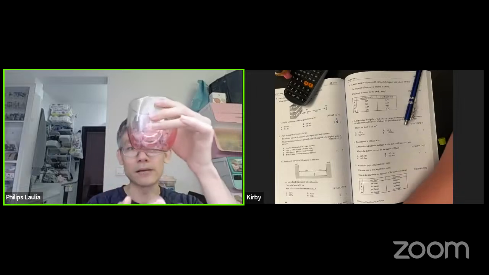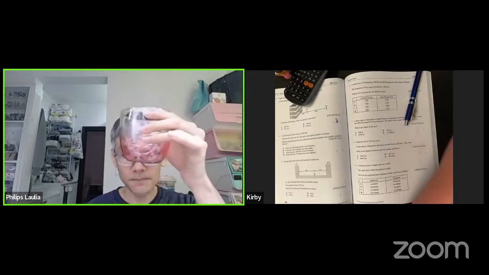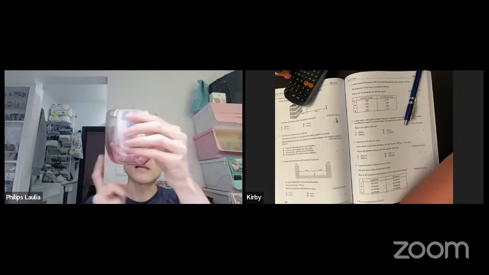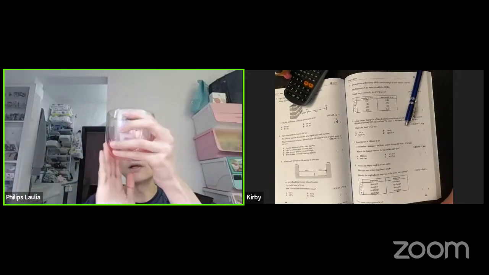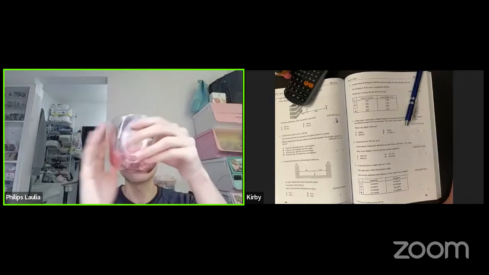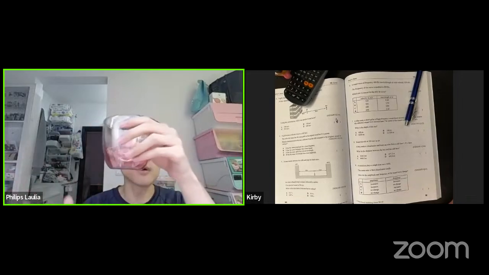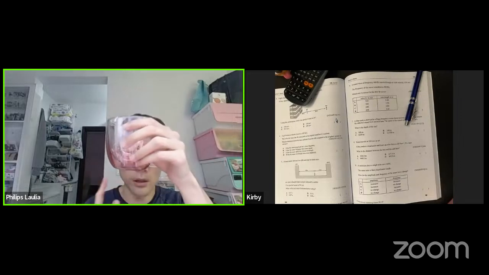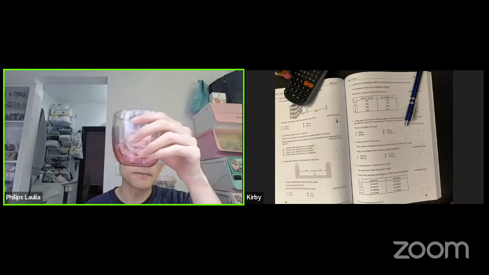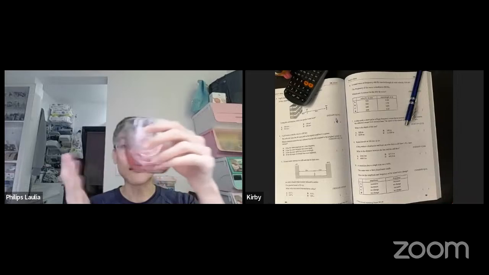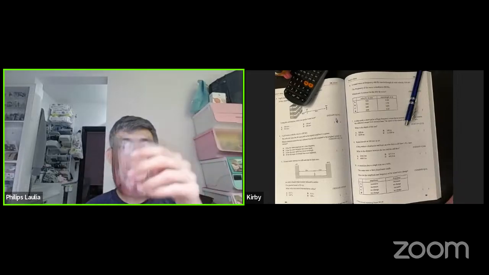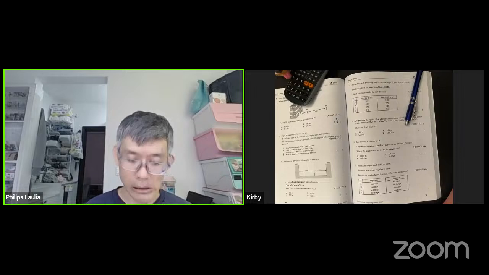If inside is water, the hot water will warm up that inner water and then transfer it to my hand. It'll take some time, but you will lose more heat if you put water between the walls. So having nothing is a good insulator, if that makes sense.